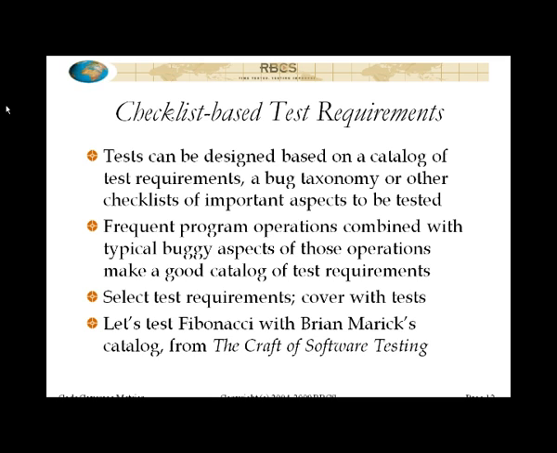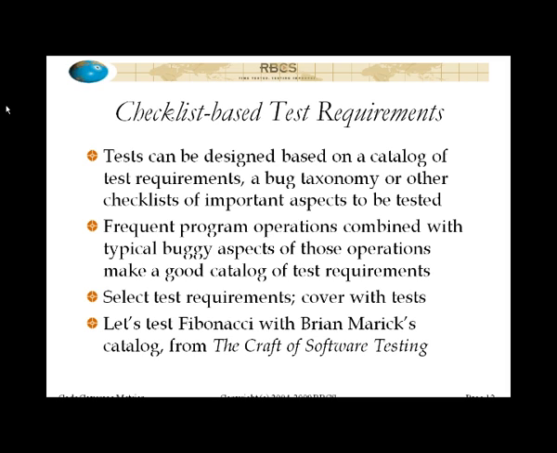Now, Brian Marick, in his book The Craft of Software Testing, took a very different perspective on white box testing. And it's always good to come at the testing problem from a number of different perspectives. What Marick did is he created what he called a catalog of test requirements based on his experience with things that tend to be buggy.